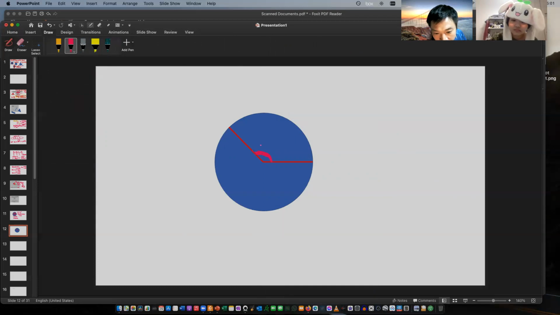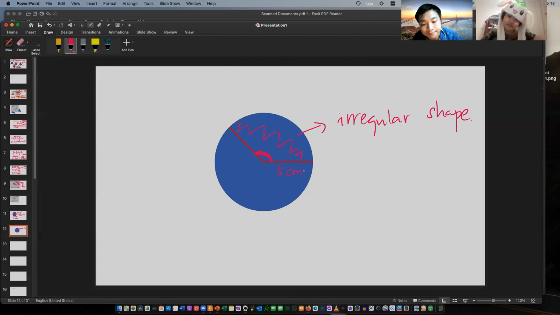What if I ask you to find the area of this thing? This is called an irregular shape. Then first I have to find the radius, it is 5 cm. I need to find the circumference. Of course you can find the circumference.